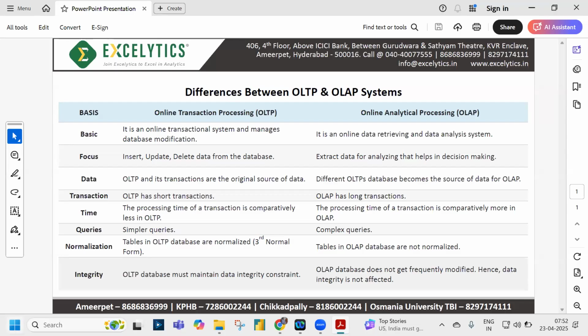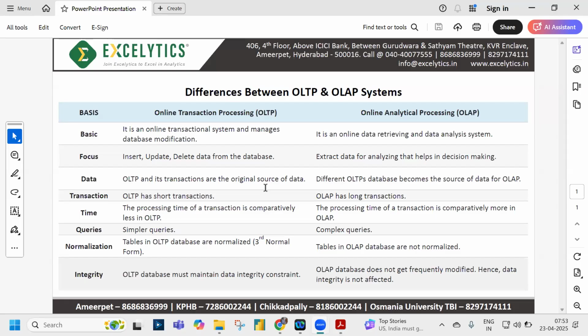Usually in offices, in real time, you hear that the data warehouse got updated so that we can run the reports now. The reason is that there are two systems, OLTP and OLAP. OLTP gets all the data from different applications.